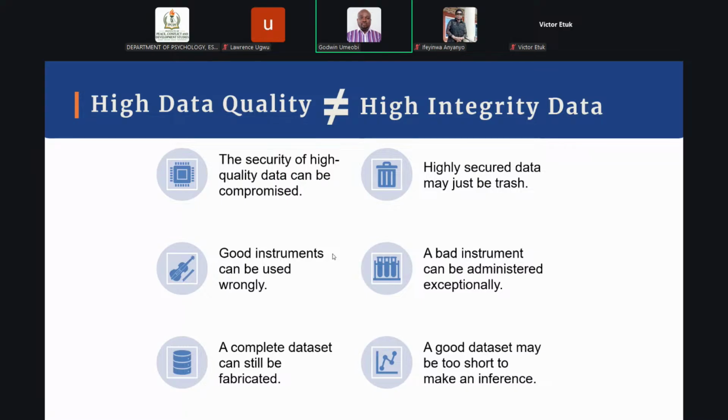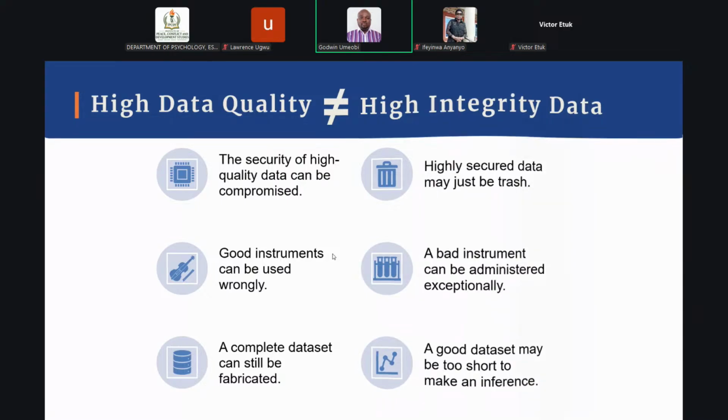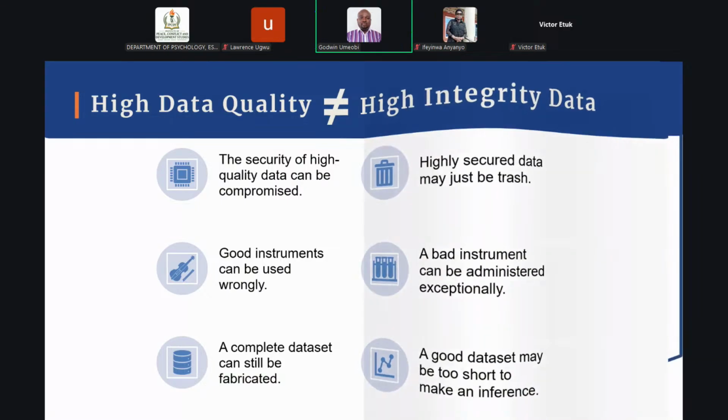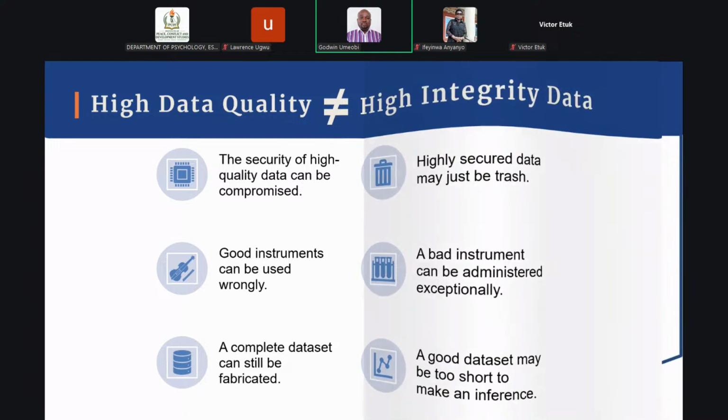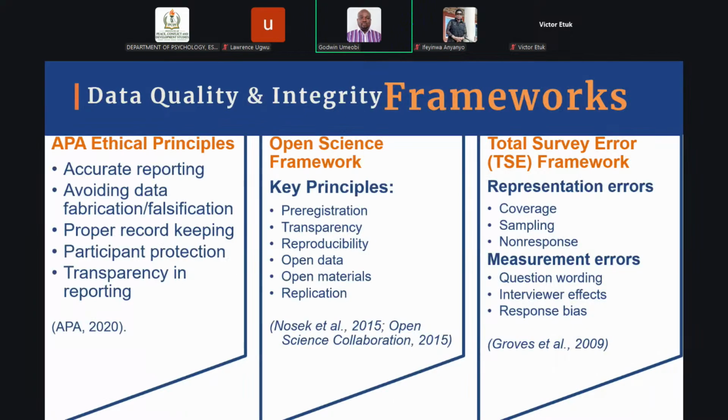So we have different data quality and integrity frameworks. We have the APA ethical principles that emphasize accuracy in reporting, avoidance of data fabrication and falsification, proper record keeping, and participant protection. Most of us will be aware of these from the most recent APA manual.